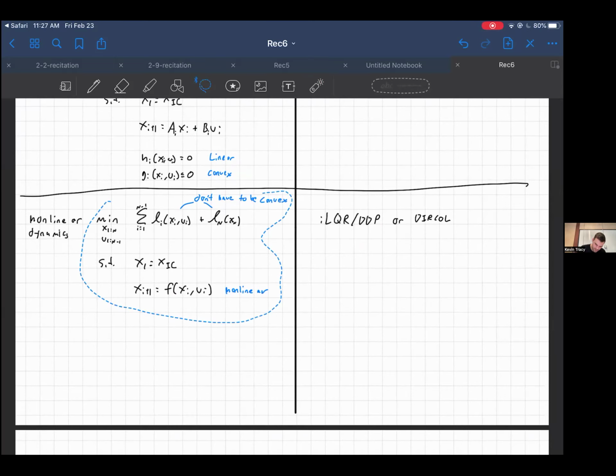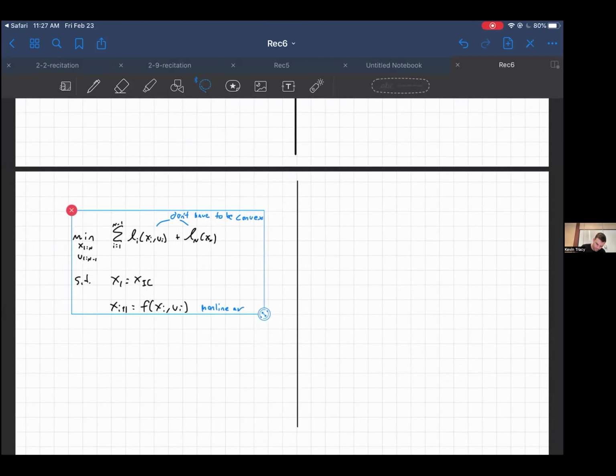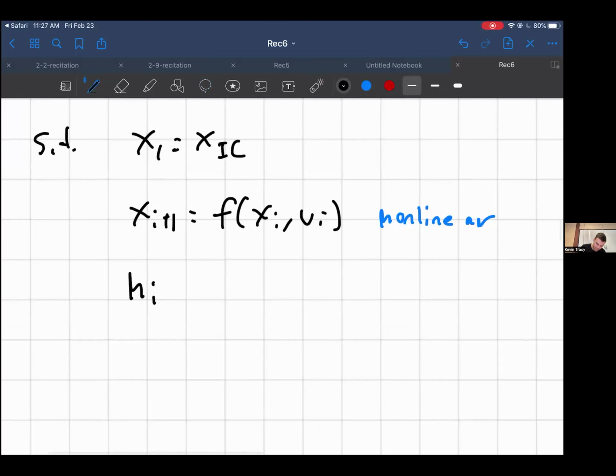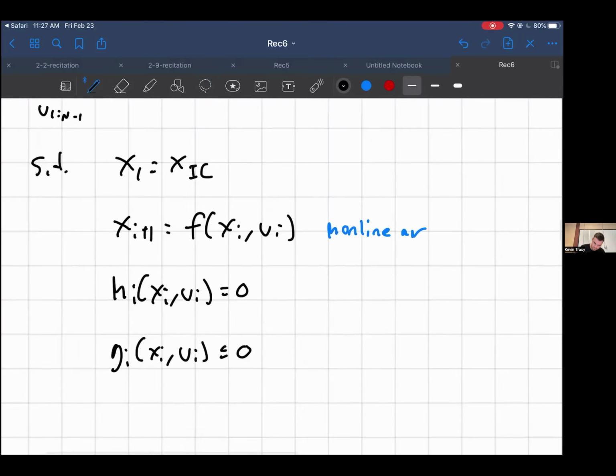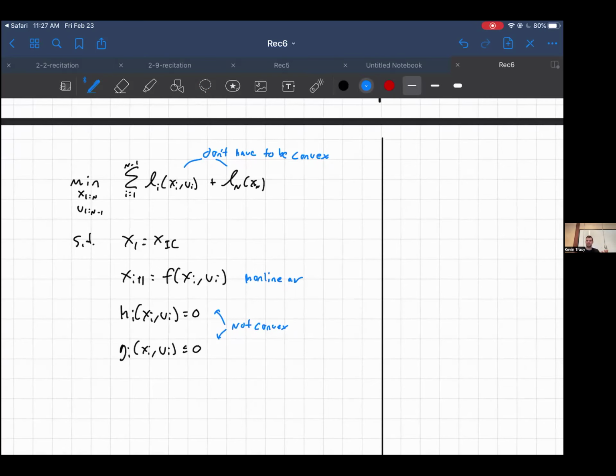And then now if I have constraints, these don't have to be non-convex, but they're allowed to be non-convex.